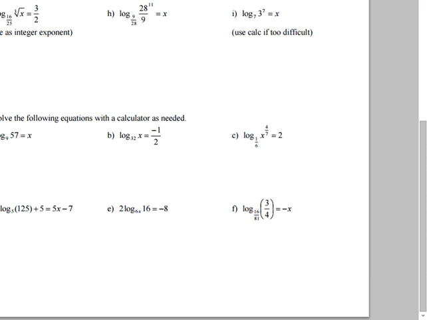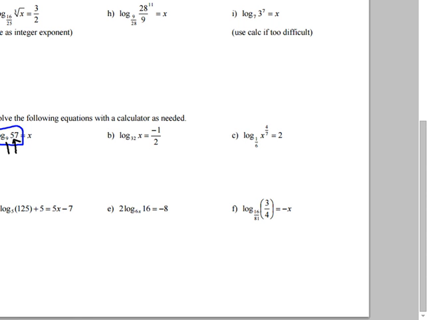You're not going to be able to know what log base 9 of 57 is unless you use a calculator, or you've got a brain that can memorize huge amounts of log tables, because that's how you'd have to do it. Unless you can make 57 into 9 to the something power, because then if the base and this base were the same, then it would be the power. But 9 to the something doesn't make 57 very nicely. Some weird decimal.